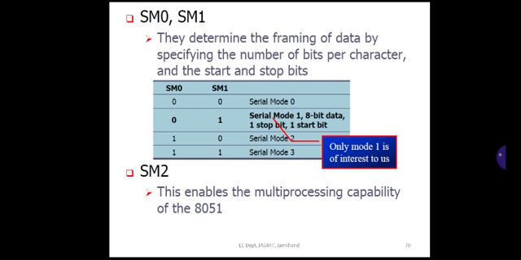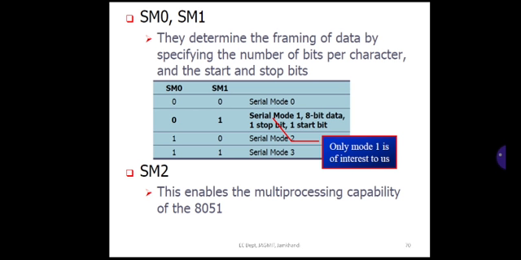The first is SM0 and SM1. These are the serial mode bits. When you load 00 into SM0 and SM1, it is serial mode 0. 01 is serial mode 1, which is 8-bit data, 1 stop bit and 1 start bit.